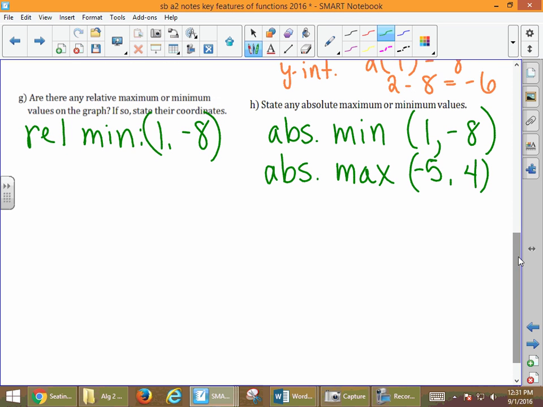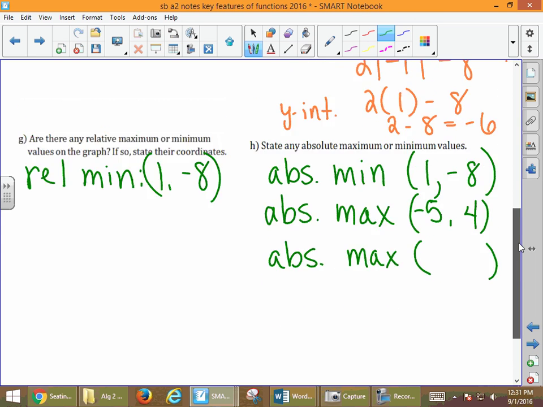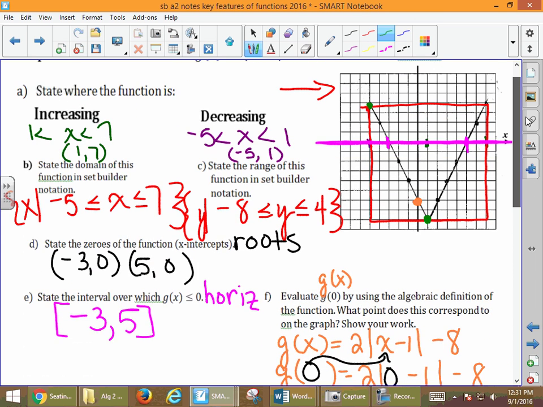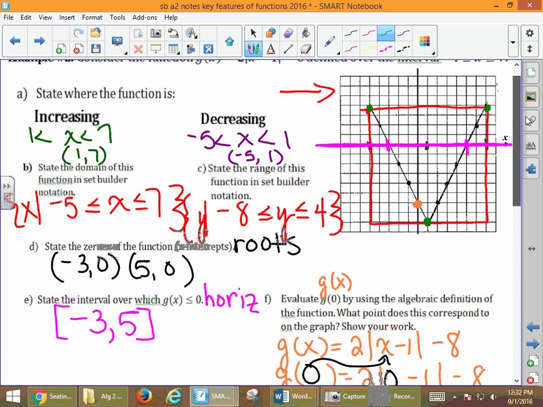And then there's also an absolute max, another ordered pair, over here at what I, in this particular graph, call the ending point, the very last point that we look at if we're reading the graph from left to right. And it is at 1, 2, 3, 4, 5, 6, 7, 1, 2, 3, 4.